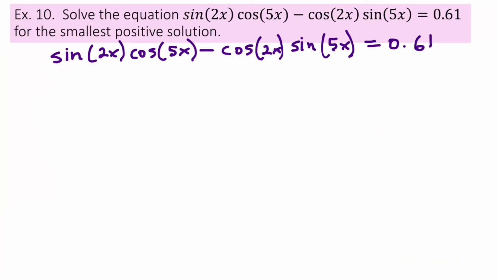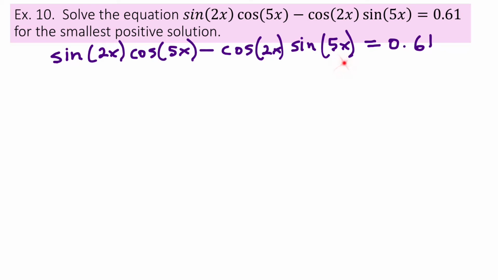So this one says solve the equation, and here's this long equation here, equals 0.61 for the smallest positive solution. So this is an application of the sine sum and difference formulas to solving an equation. So what you want to do is notice the setup here, sine, cosine, minus cosine, sine, where we have u, v, v, that kind of setup.